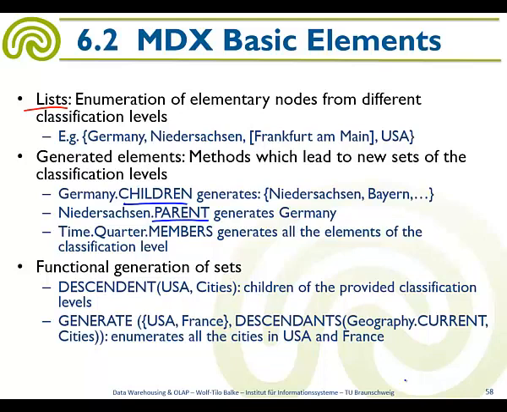Roll up: I go to the parents. So if I have the node Niedersachsen and I want the parent node, that would be Germany. Then I can look at the members, so I can have all the elements of a classification level. If I say time quarter members, then I get all the months of that quarter, for example January, February, March, right?